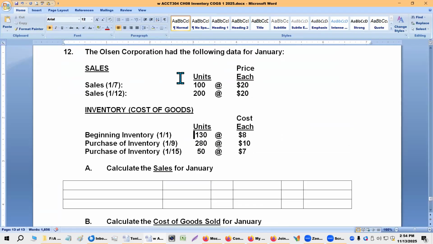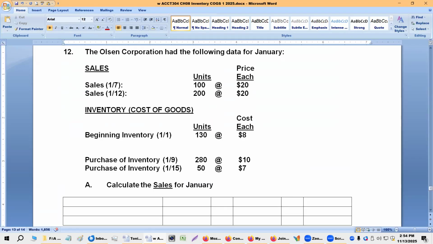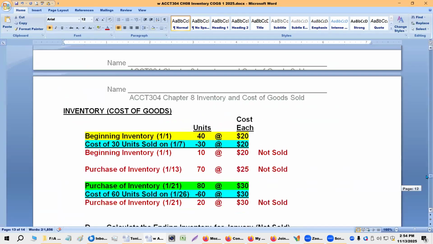So we had two sales. The one on the 7th came from where? 1-1, because 1-9 didn't come in yet, right? Correct. Let me look back and see how I wrote it up here.